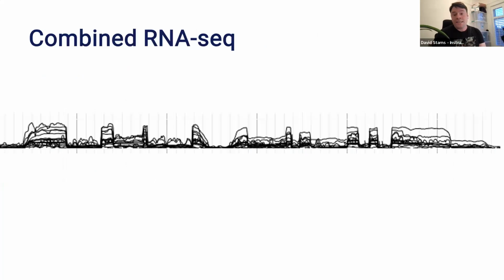The combined RNA-seq, this is an amazing track. This has taken away all of the sample data that we would have, and it's just combined them. Each one of these lines represents a different sample, and so you can get a good overall picture of the gene itself.